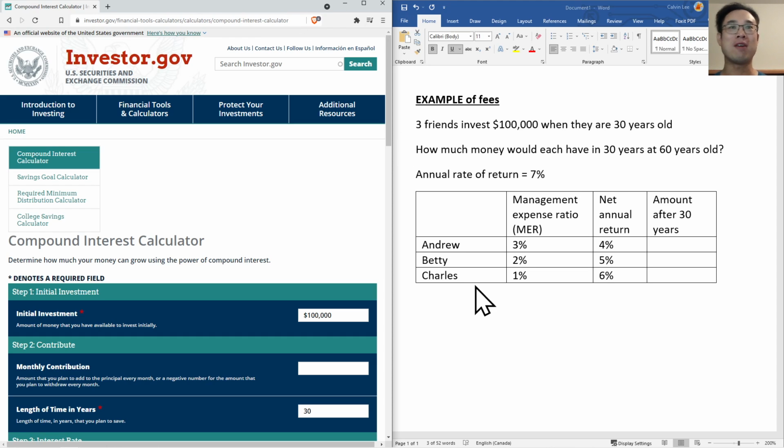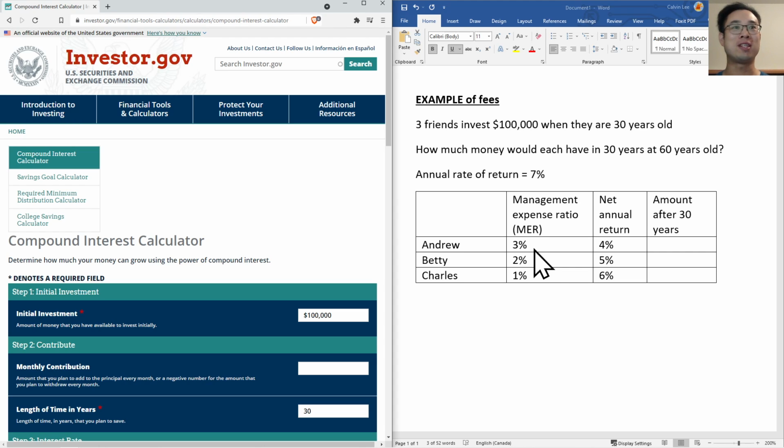Here we have Andrew, who has a management expense ratio of 3% for his investments, a mutual fund for example. Betty will have a management expense ratio slightly better, at 2%. And then Charles has a management expense ratio, let's say he has an ETF, of just 1%.